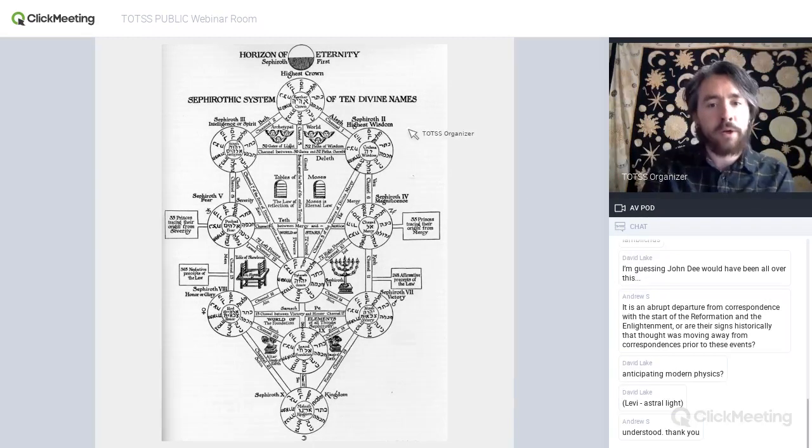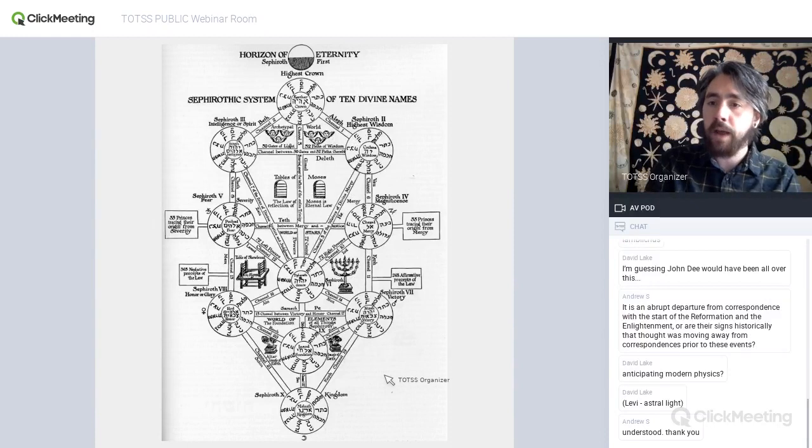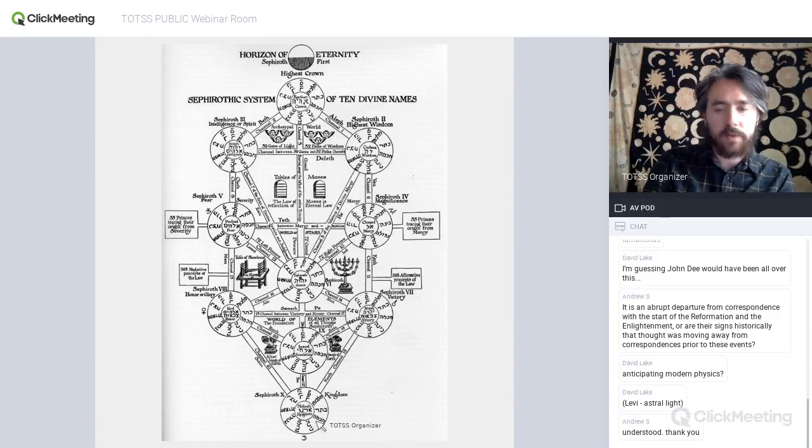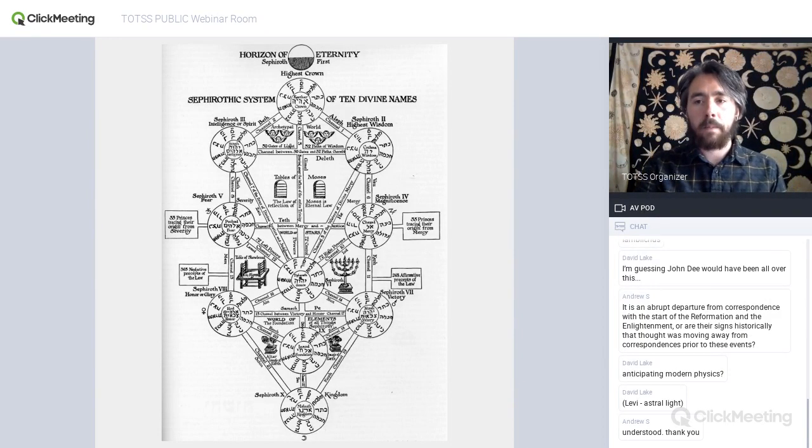But you can see that in Kircher's model, this is Aleph here, this is Beth, this is Gimel. These are the letter to path attributions that the Golden Dawn and Crowley and the modern Hermetic tradition are using. One thing that is different in Kircher's tree is the way that he's associating the planets with the Sephiroth. You can see that he's assigned the moon to Malkuth, Mercury to Yesod, Venus to Hod, and so on.